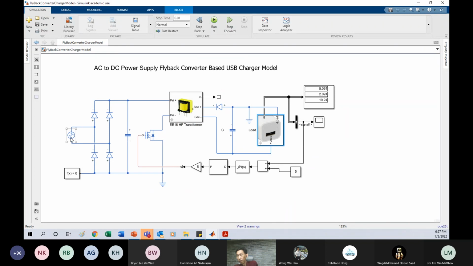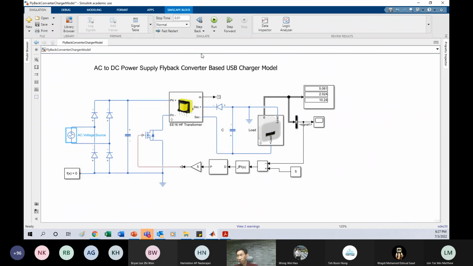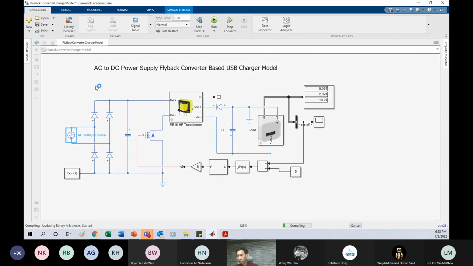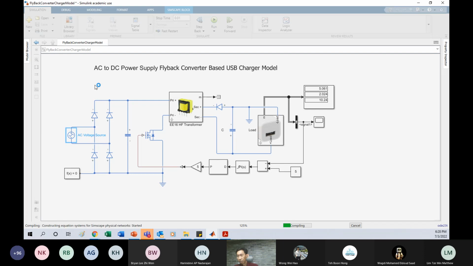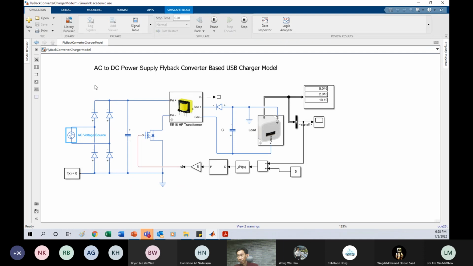So even though I change the voltage here, okay, 170, 60 hertz, you see? I still get 5 volt, I still get 2 amp.